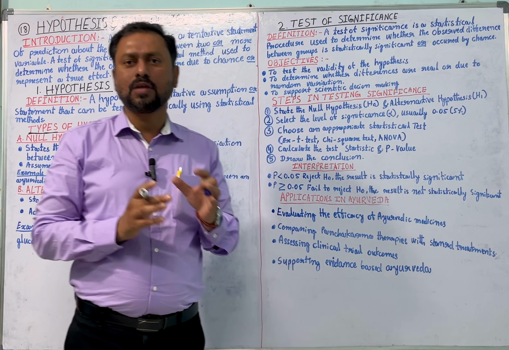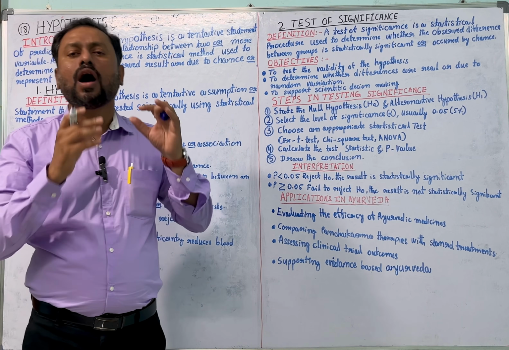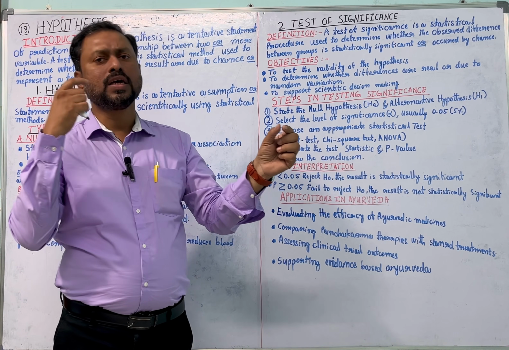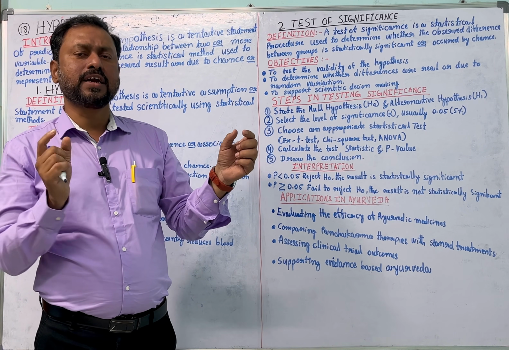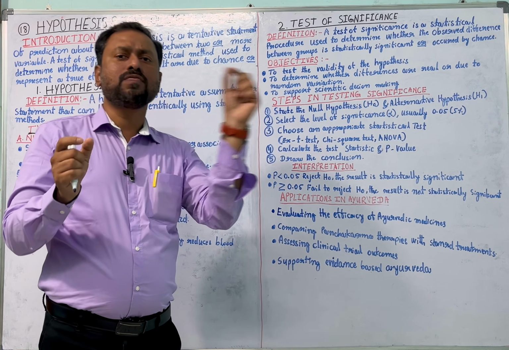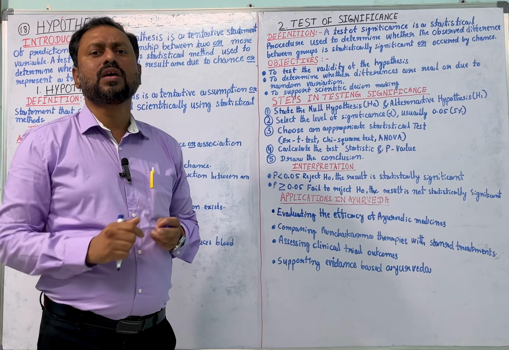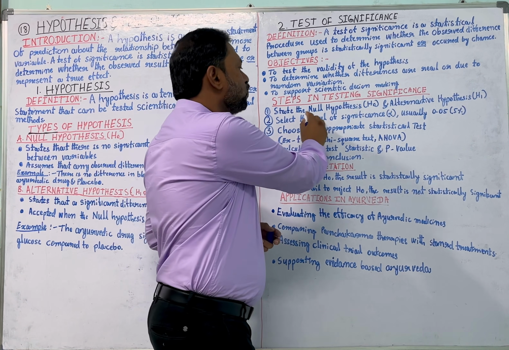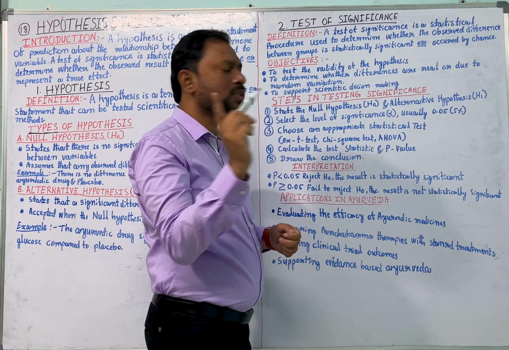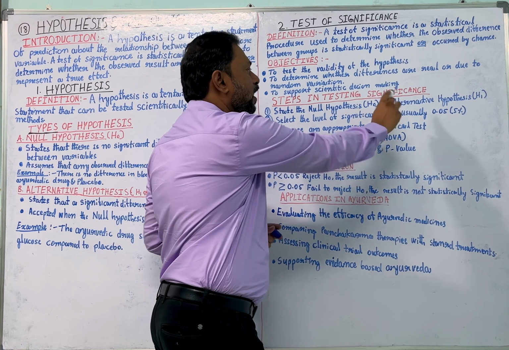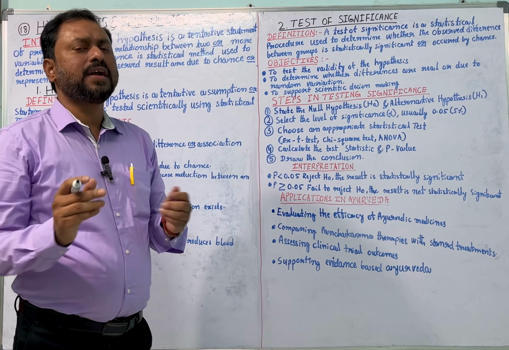The first assumption is that this drug is effective in this disease; this is the alternate hypothesis, H1. The second is that this drug is not effective on this disease; that is called the null hypothesis. We take these two assumptions, which is called the formulation of hypothesis. This is the first step in the test of significance: state the null hypothesis and the alternate hypothesis.